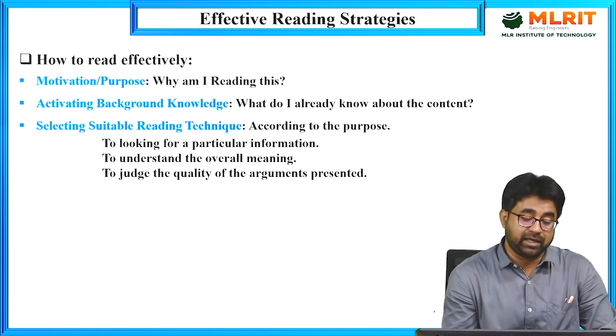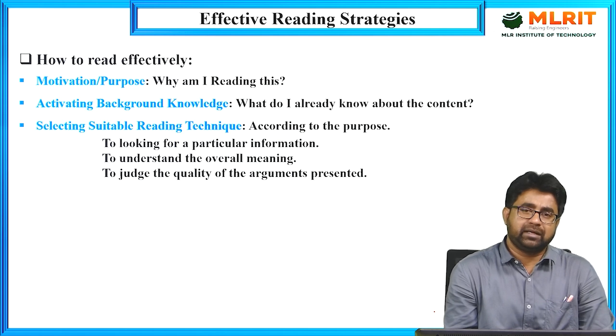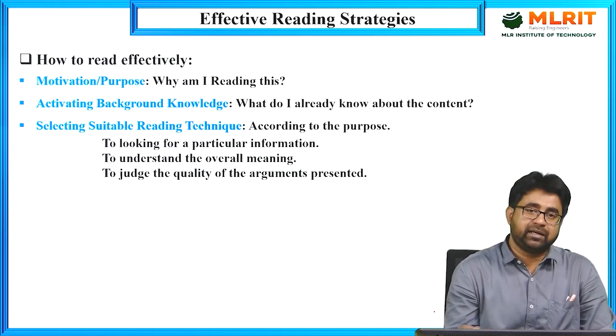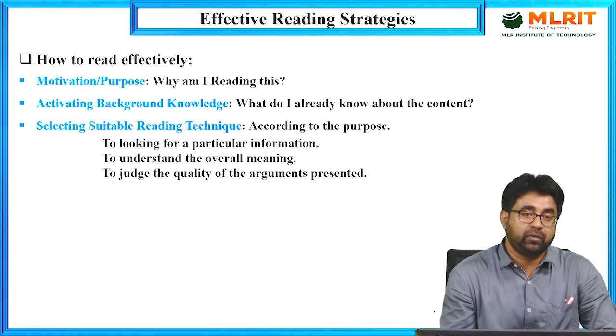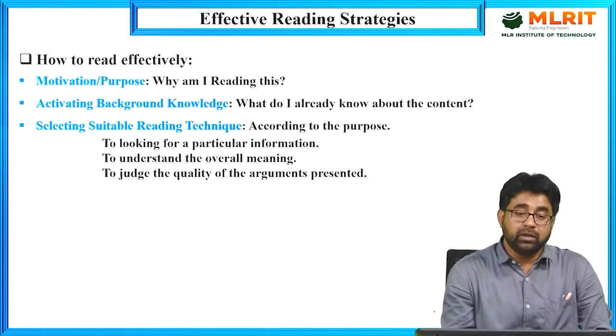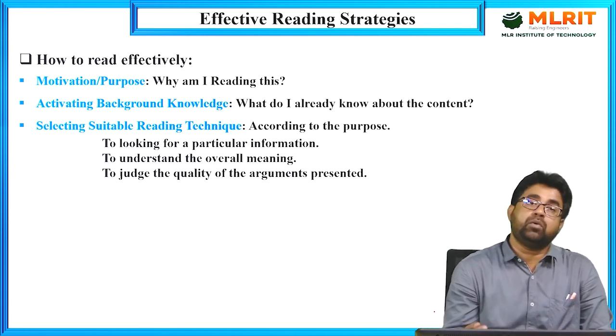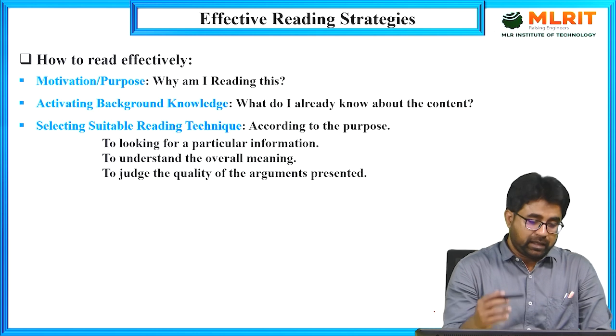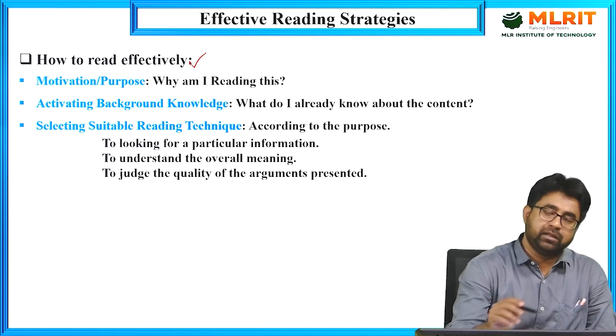Why does it happen so? Maybe though he or she was reading for 10 or 12 hours a day, the reading was not effective. Though reading, they were not able to achieve the goal of their reading, right? Now we'll see how to tackle those kinds of situations.